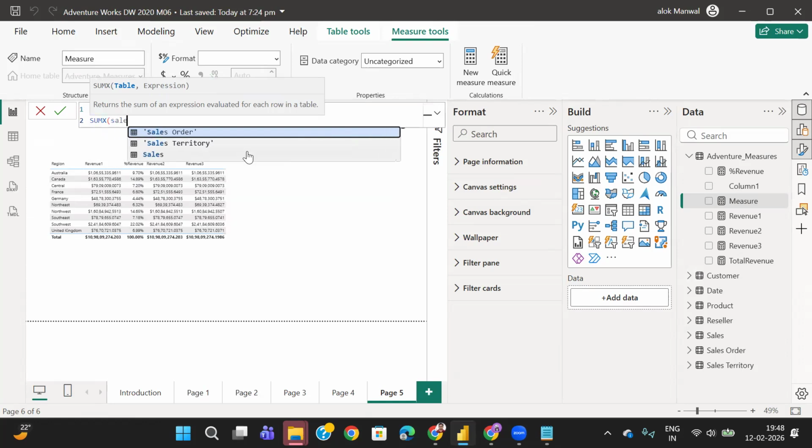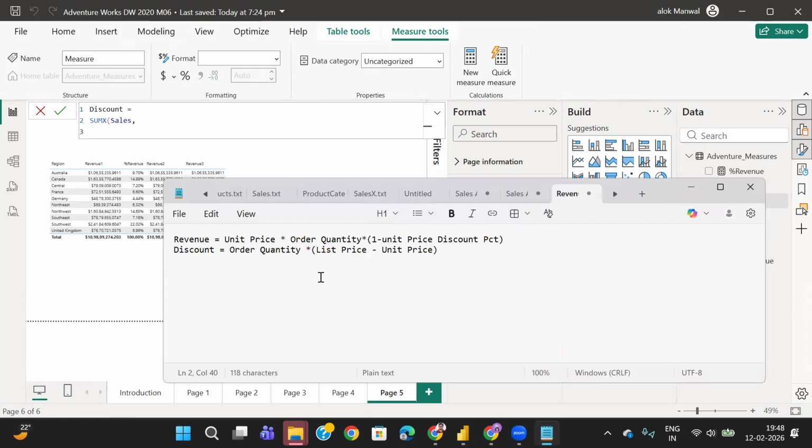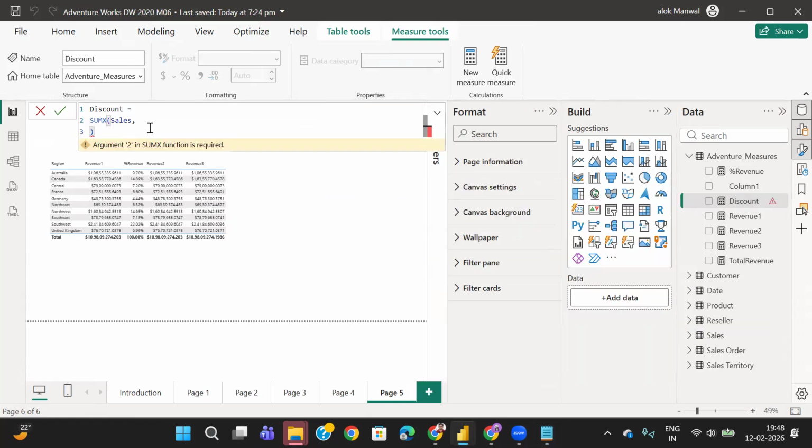From which table? I'm using the Sales table. What would be my expression? I just want to see the order quantity times list price minus unit price. One second.